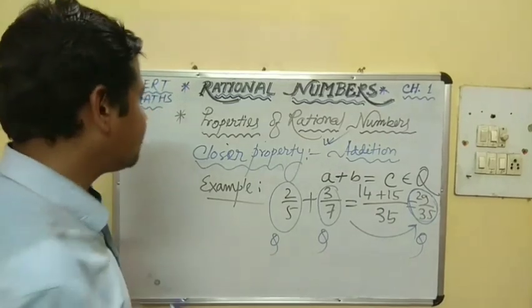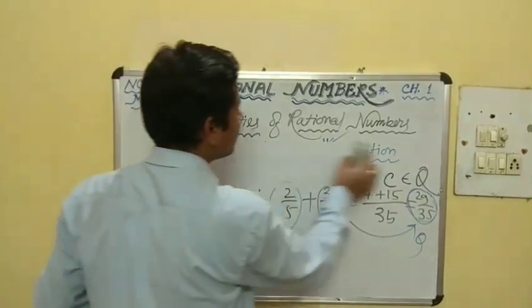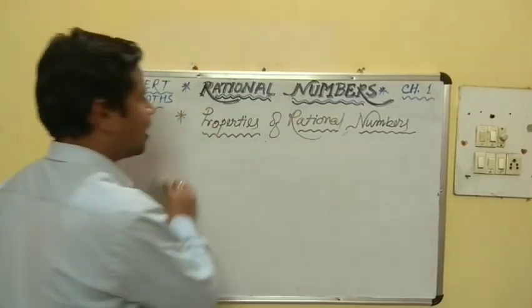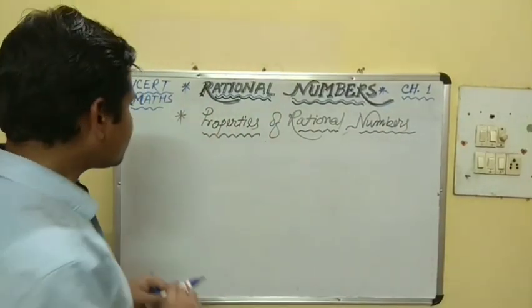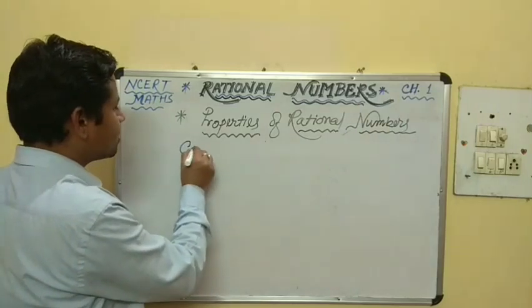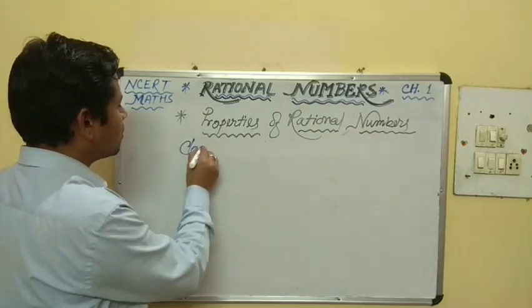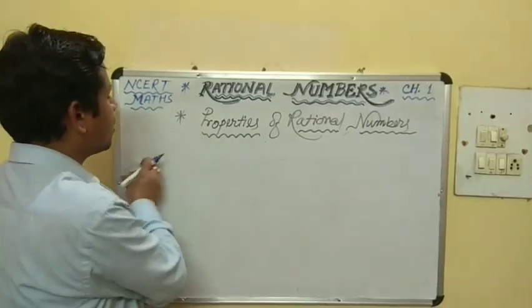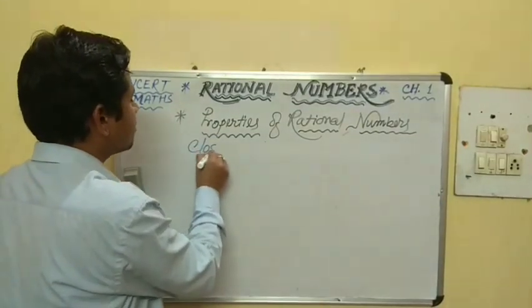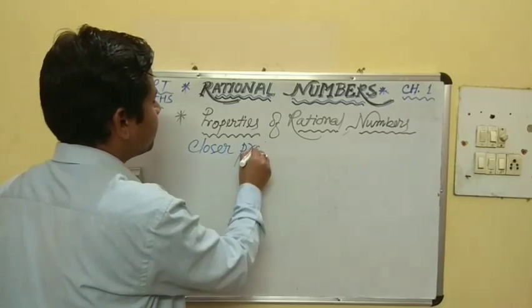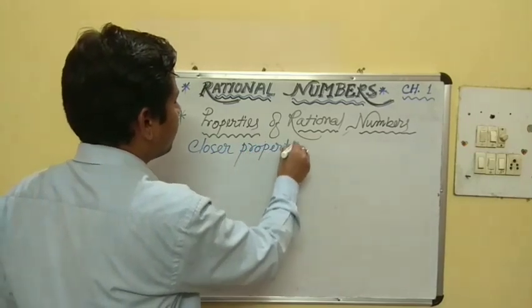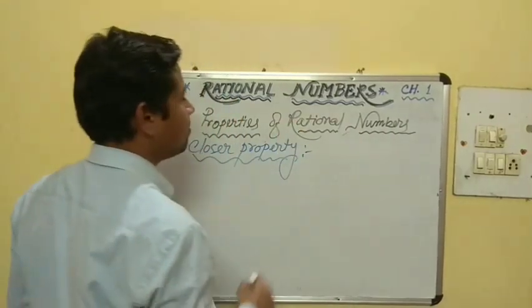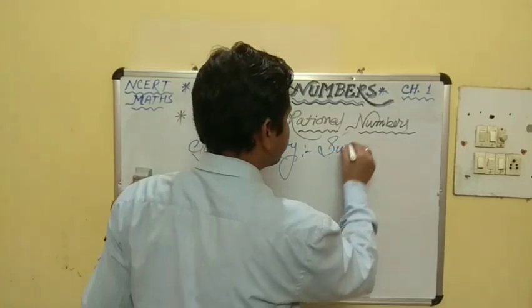Now we are going to discuss the closure property of rational numbers under subtraction.